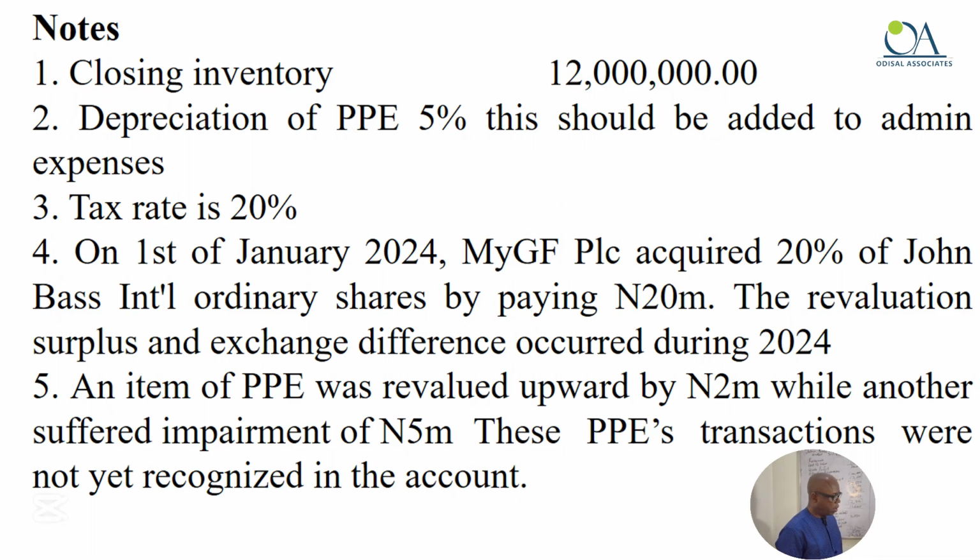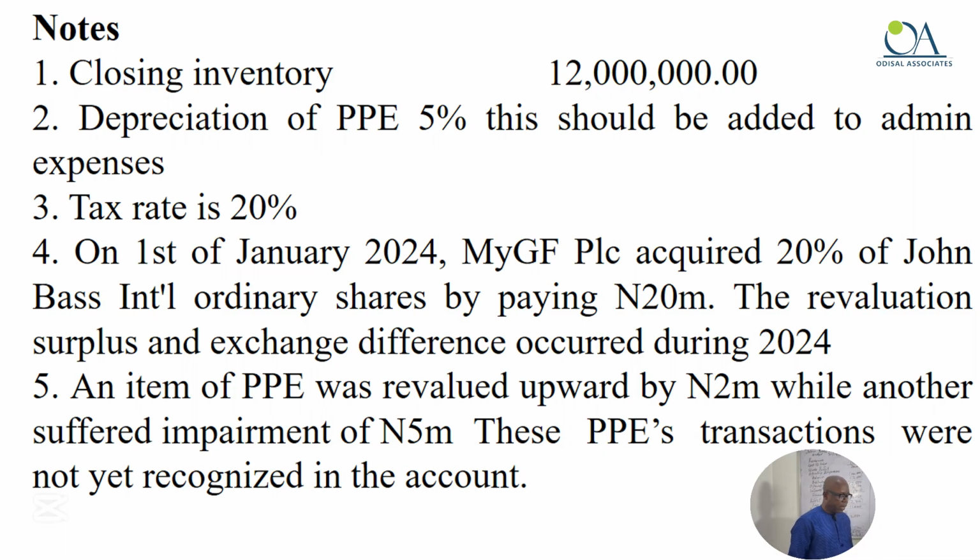Note 1. Closing inventory 12 million. 2. Depreciation of PPE 5%. This should be added to admin expenses. 3. Tax rate is 20%. 4.